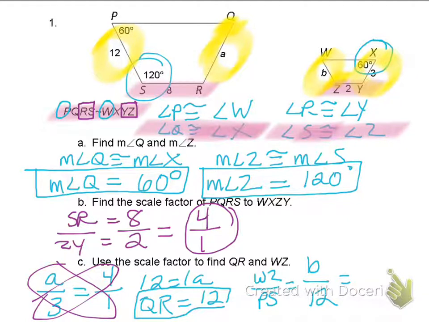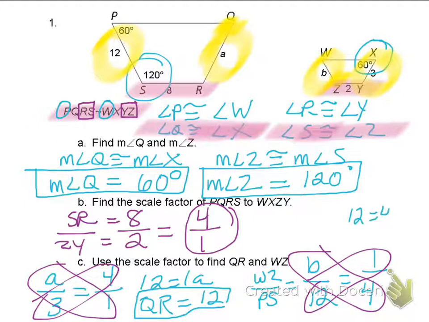So in my scale factor, I'm going to put the smaller number on the top. So I'm going to use 1 over 4 and cross cancel. I'm running out of room here. So I would have 12 times 1, which is 12, is equal to 4B. So then I would divide by 4 on both sides, and I would have B equals 3. So the measurement of WZ is equal to 3.